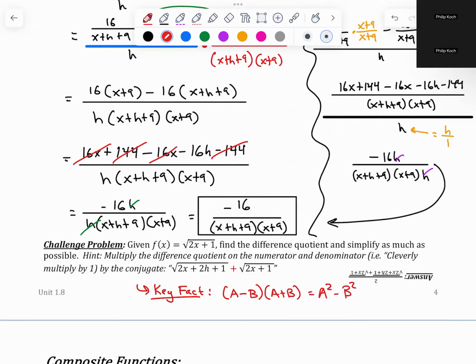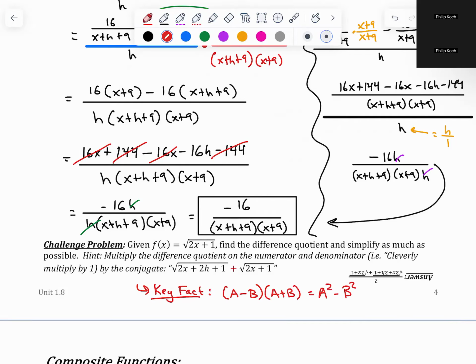Now, that might seem like gibberish right now, but definitely try it. Just write the first step of cleverly multiplying your difference quotient by that quantity, which is the conjugate of what you'll find, and you will be able to cancel out the radicals.